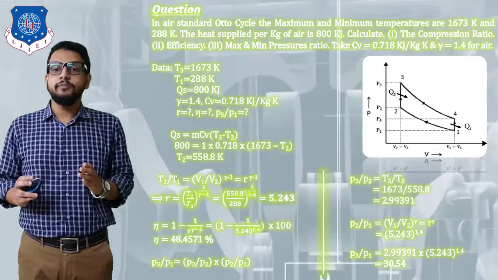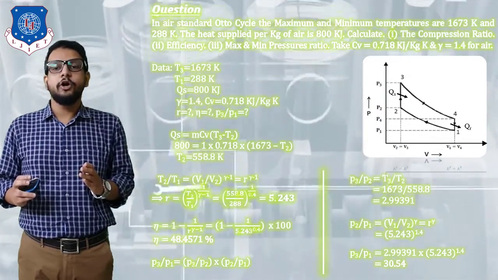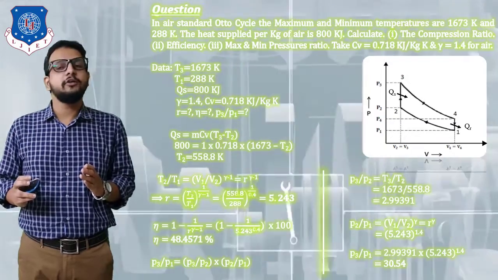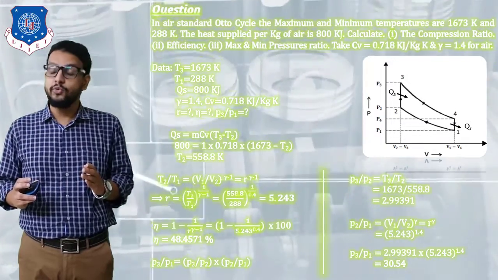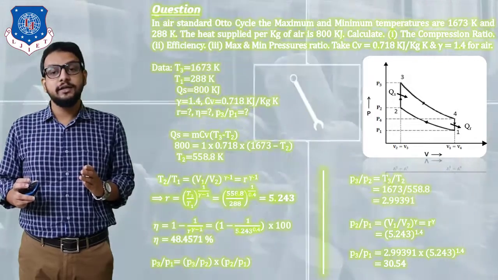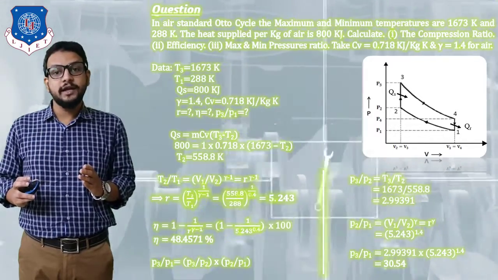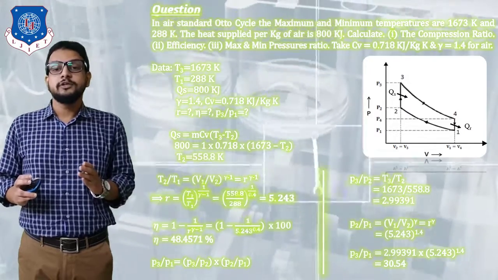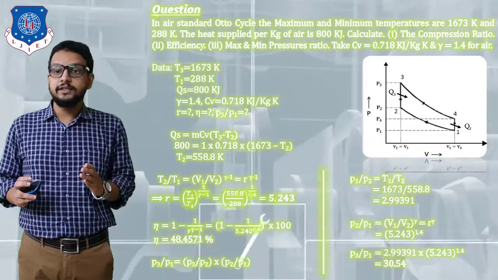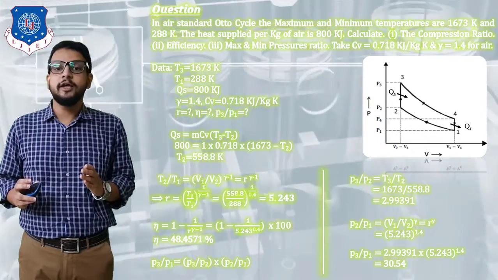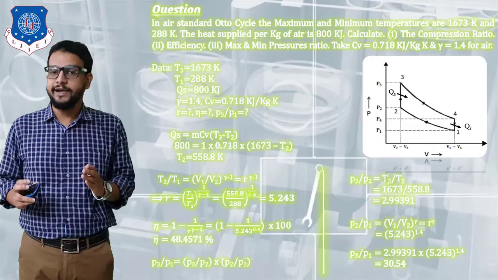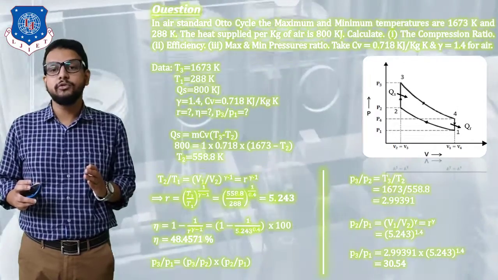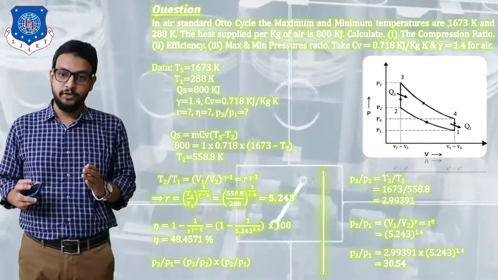Since the volume is remaining constant, V2 and V3 cancel out, so the final equation is P2 by T2 is equal to P3 by T3. Arranging this, we get P3 by P2 is equal to T3 by T2. T3 is known and T2 is also known, that is 558.8 Kelvin. Substituting that value, we get P3 by P2 is equal to 2.99391.